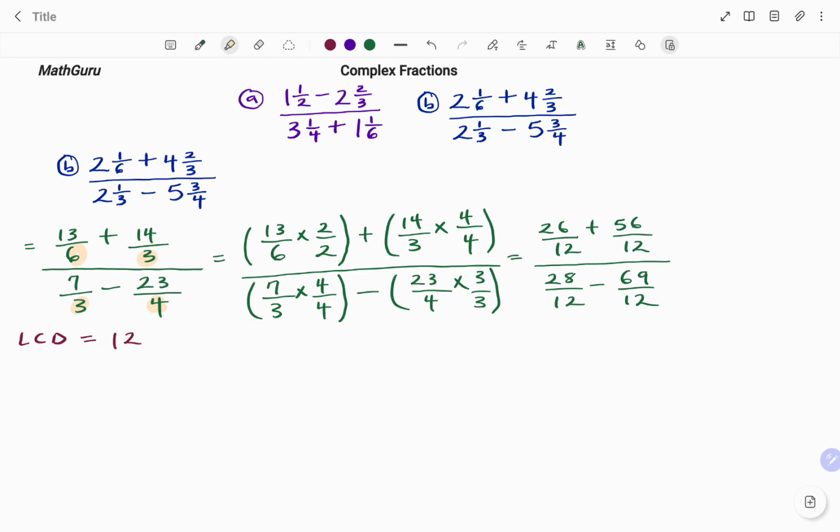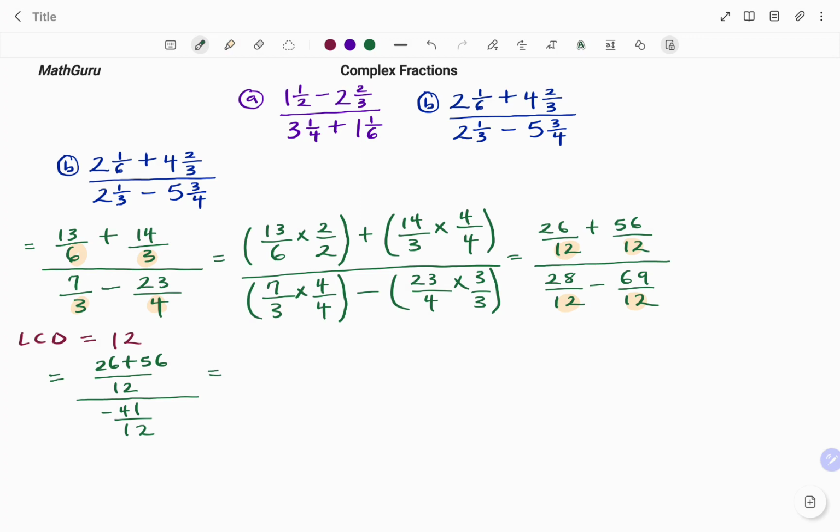And because I have the same denominator, I can group my fractions, so for the top, under the same denominator, which is 12, I will have 26 plus 56, and then for the bottom I have 28 minus 69, that's minus 41 over 12.